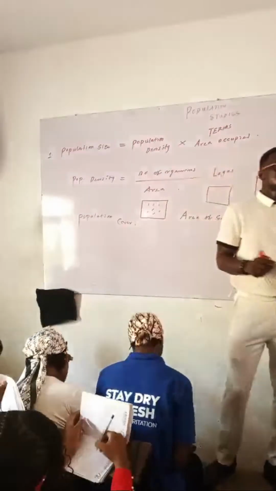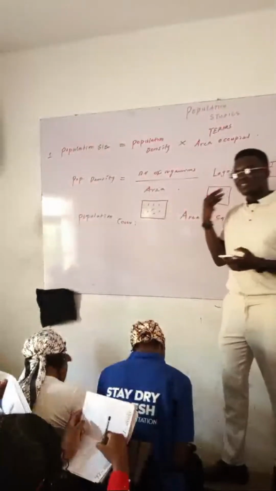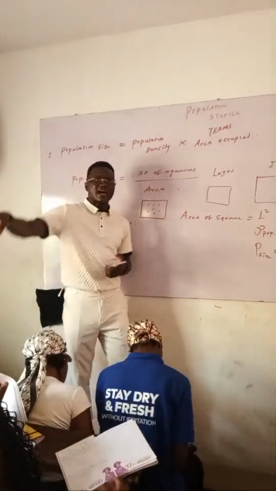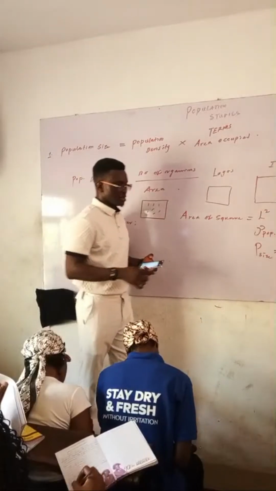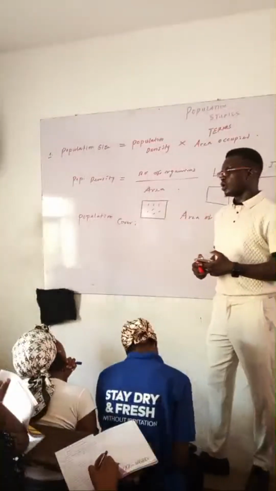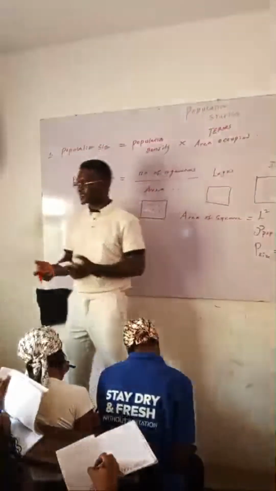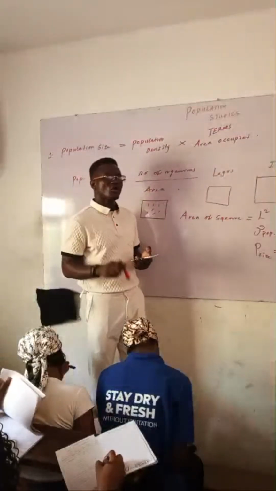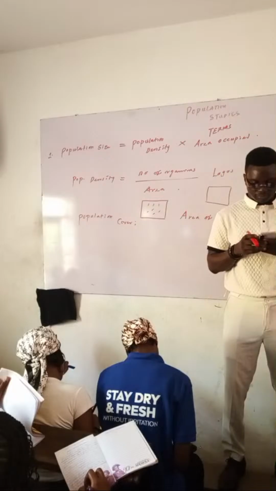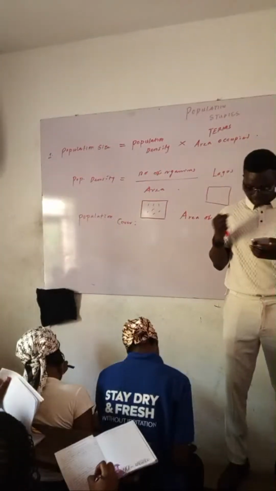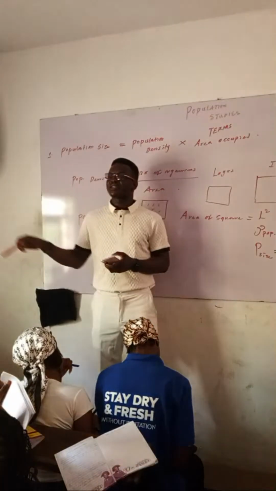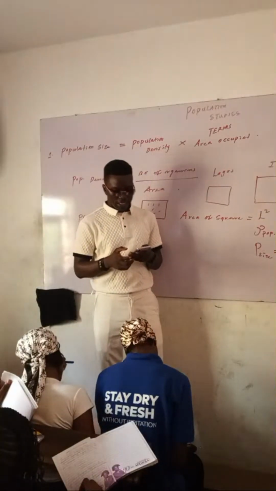This is defined as the area or space occupied, or volume of space occupied, by a set of individuals or population in a particular habitat.